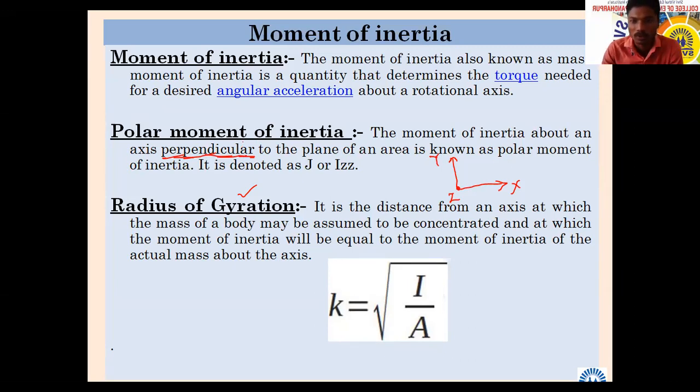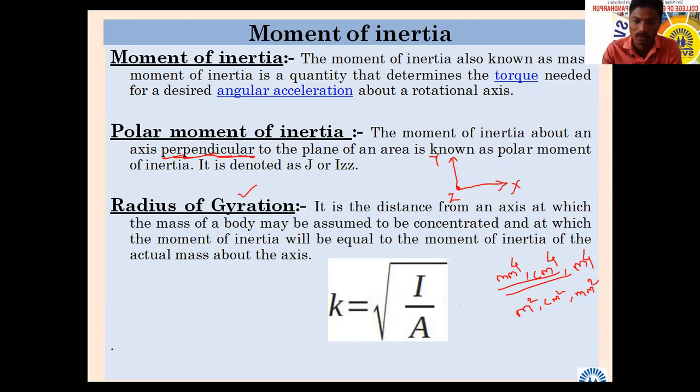We are going to see the unit of moment of inertia. The unit may be the unit of length or distance raised to 4, maybe centimeter raised to 4, maybe meter raised to 4. And what will be the unit of area? Meter square, centimeter square.